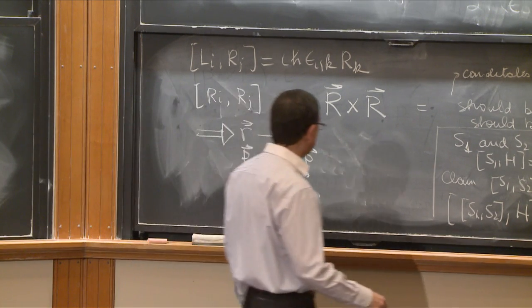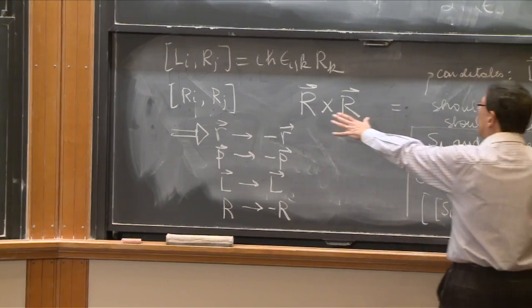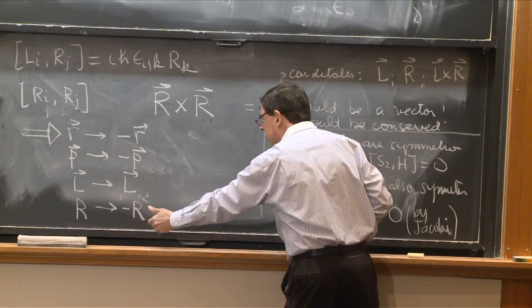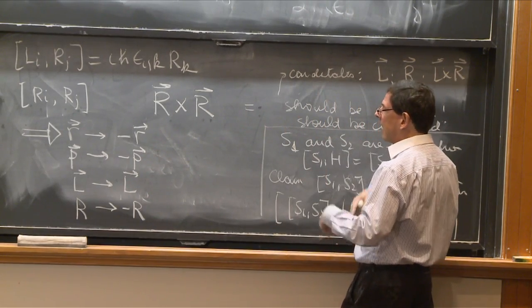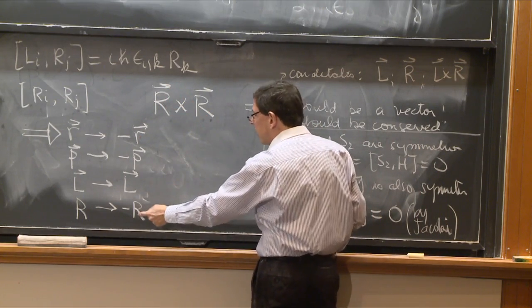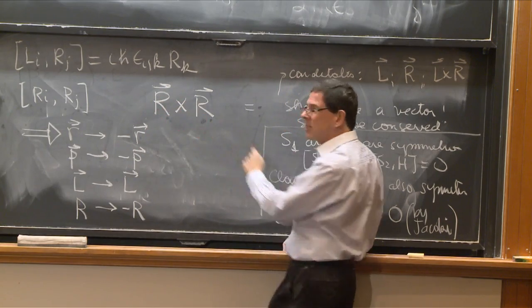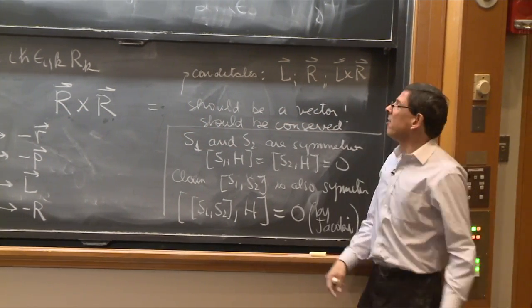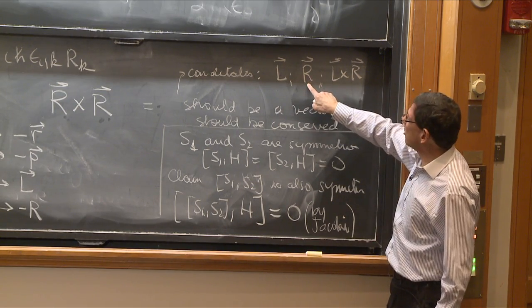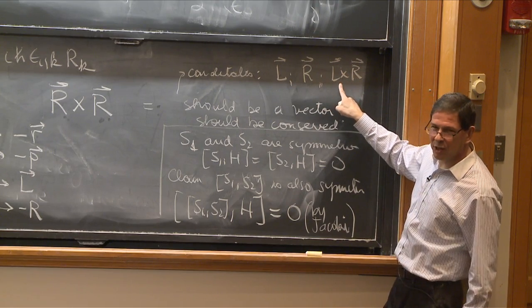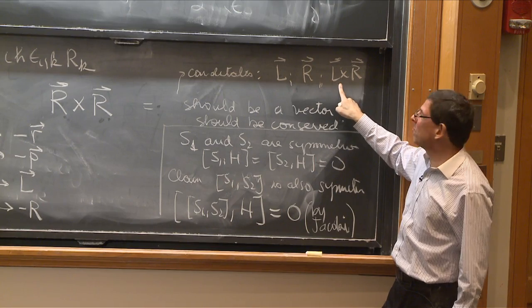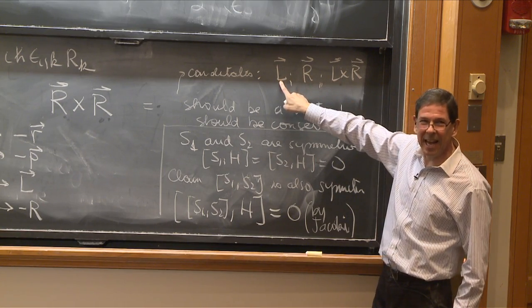Whoa, this is extremely powerful, because if you imagine this being equal to something, it should be consistent with the symmetries. As I change R to minus R, capital R changes sign, but the left-hand side doesn't change sign. Therefore, the right-hand side should not change sign. And R changes sign, and L cross R changes sign. So the computation is kind of finished, because the only thing you can get on the right is L.